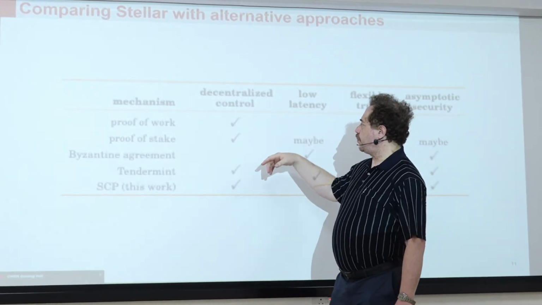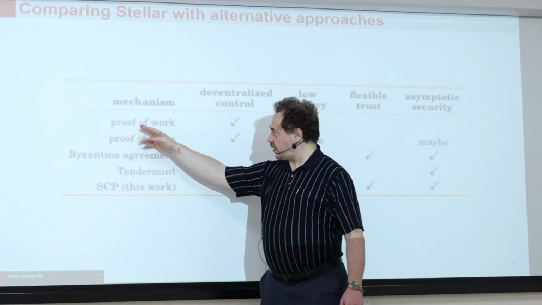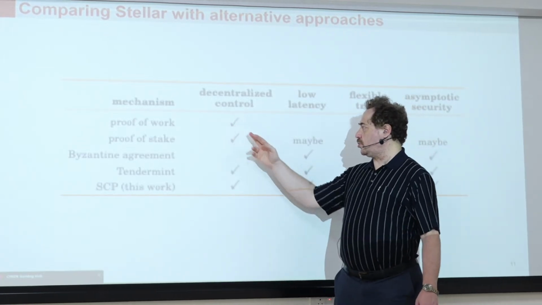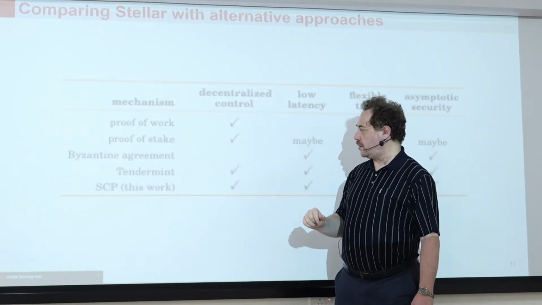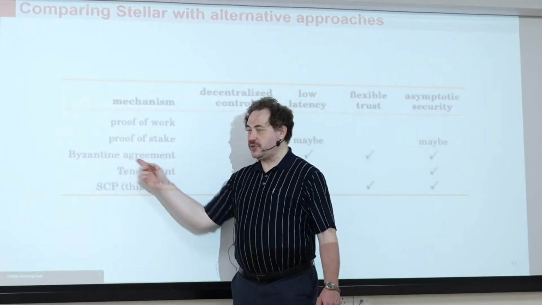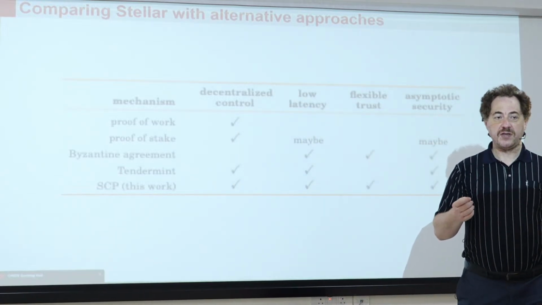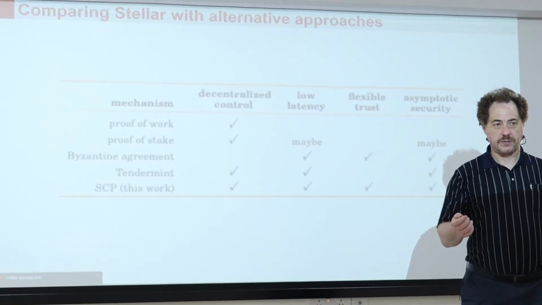Okay, so decentralized control. Proof of work, such as the mechanism in Bitcoin, provides total decentralized control, so there is no centralization. The same goes for proof of stake. However, for classical Byzantine agreement, like Paxos, someone needs to configure the quorums a priori, beforehand.